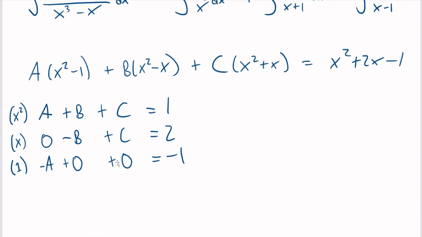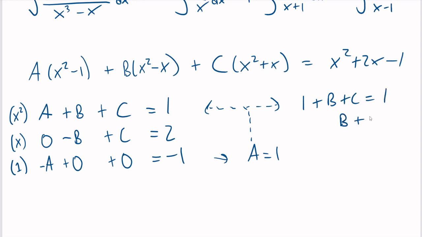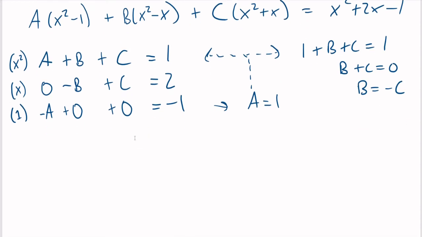And this worked out not too bad. We want to solve. We got 3 equations, 3 unknowns. But luckily, this one tells us A equals 1, right? Which we can then substitute into the top, which will give us 1 plus B plus C equals 1, which tells us B plus C equals 0, which tells me that B equals negative C. Now we can take this one, negative B plus C equals 2, and combine them.